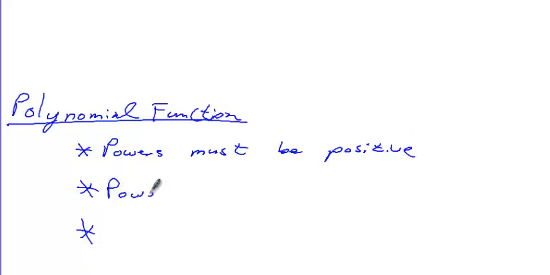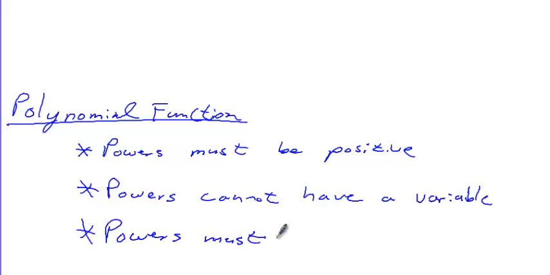Powers cannot have a variable, not a variable. And powers must be rational. A rational number is something that can be written as a fraction. Mainly we tend to focus on whole numbers here. Everybody okay with that? Yes, no?